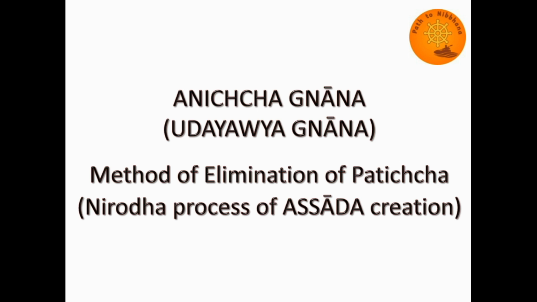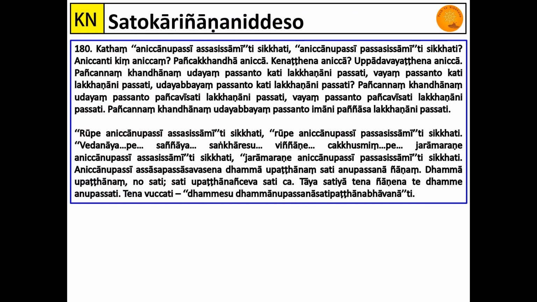I'm sure we have looked at Udayavya Jnana as well. Satokari Jnana Niddesa and Udayavya Jnana Niddesa. In there it's explained how when Udaya happens, if one gets to know the Udaya, he understands 25 characteristics of the Udaya.